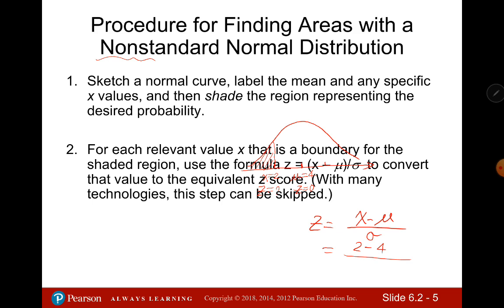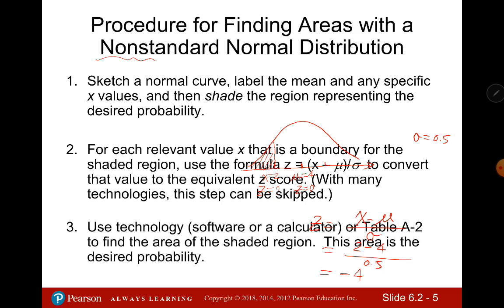Divided by, for example, let's set the standard deviation to be 0.5. It's always given by the question, right? So this time we will get a 4. It should be negative 4. This just shows you we should convert our x to be the z-score.